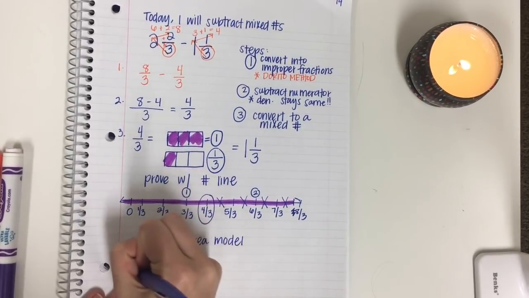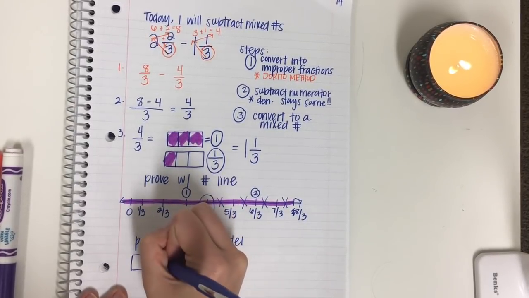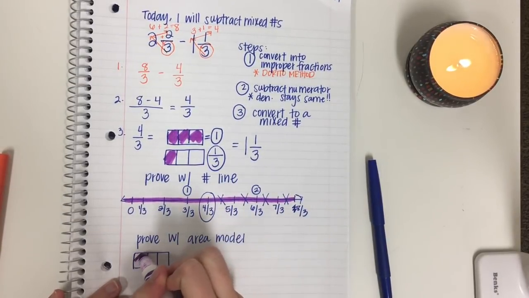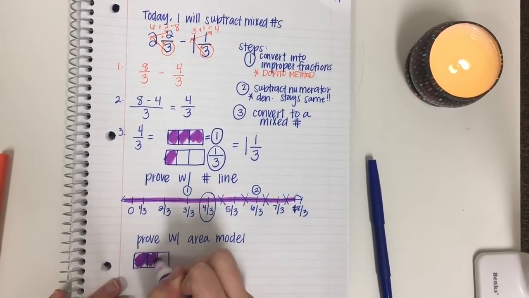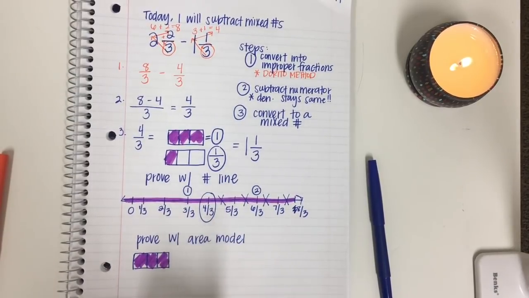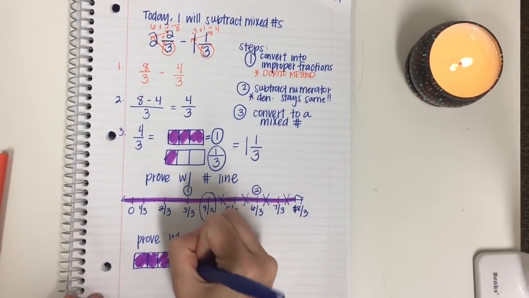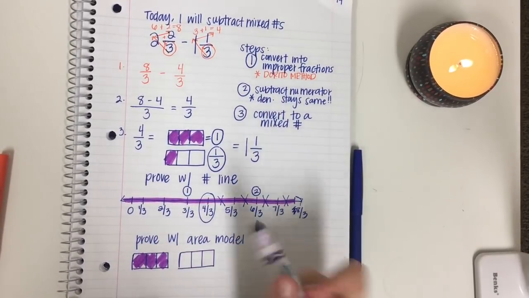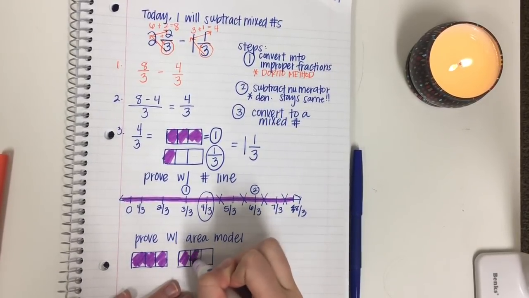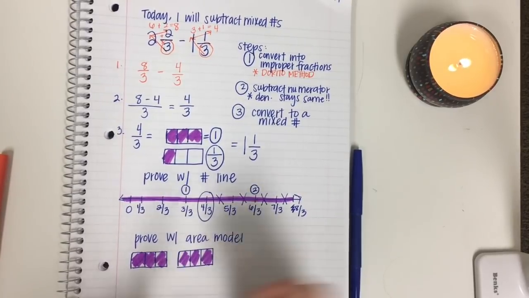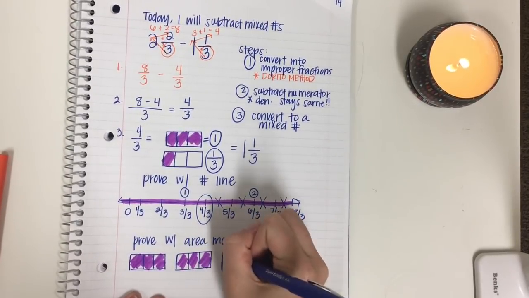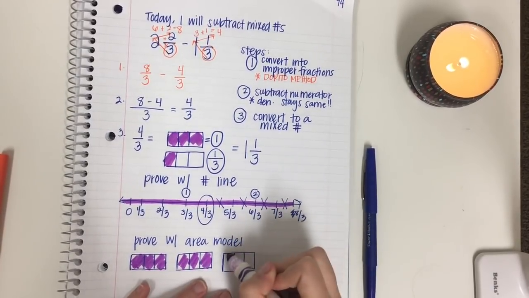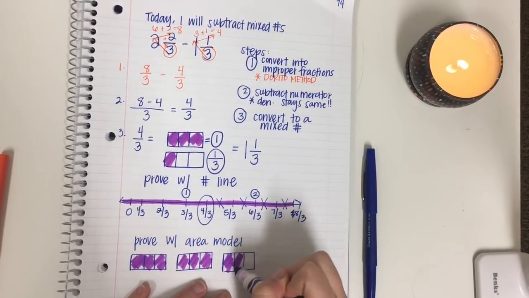So 1, 2, 3. I gotta keep going. 3, 4, 5, 6. 7, 8.